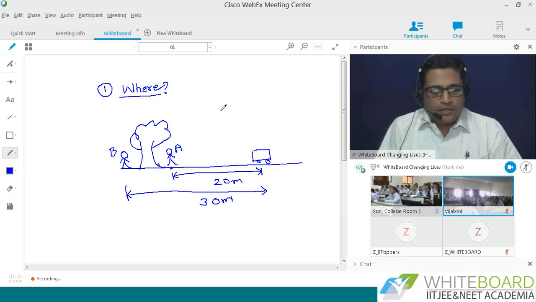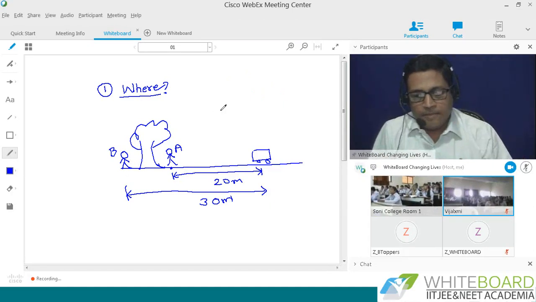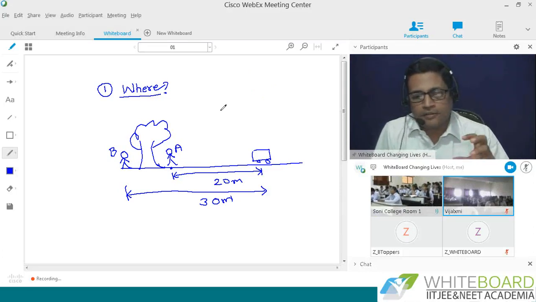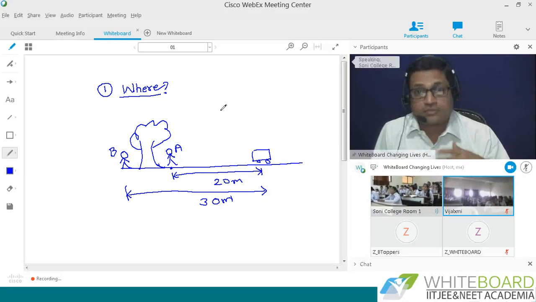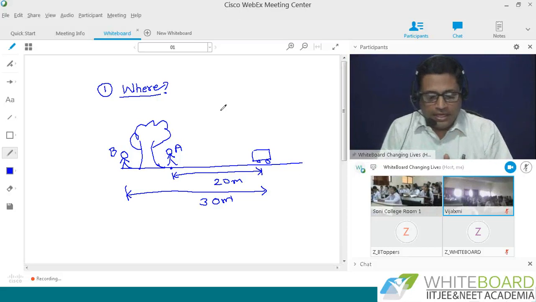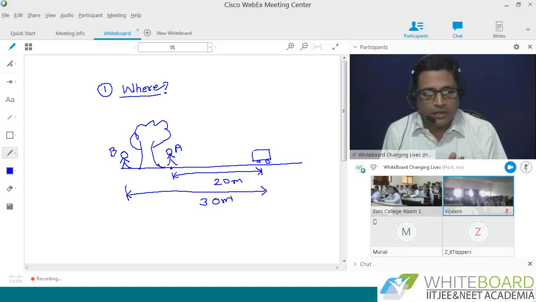Suppose a friend of yours happens to come to Secunderabad or Hyderabad, and because I'm stationed here, I'll continue to take that example. Suppose a friend of yours comes to Secunderabad and he wants to come to my house. And he walks out of the gate of Secunderabad railway station and he says, "Sir, I have reached Secunderabad, and how many kilometers is your house from here?"